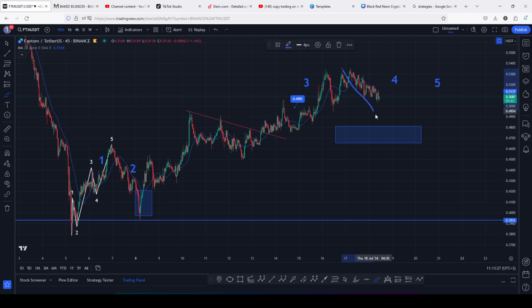And if that is the case, once we have a shallow Elliot wave count 4, we can expect another bounce to the upside, breaking above these significant highs in that Elliot wave count 3, which will also give us a confirmation that we are seeing a change of structure, and there are chances that we have a low in place in that Elliot wave count 4, and we have started our bounce to the upside in this Elliot wave count 5 in a move that can easily get us back above the 0.6 in the next coming hours or maybe days. So that is the price action that I'm expecting here on the Fantom chart for the next coming hours.